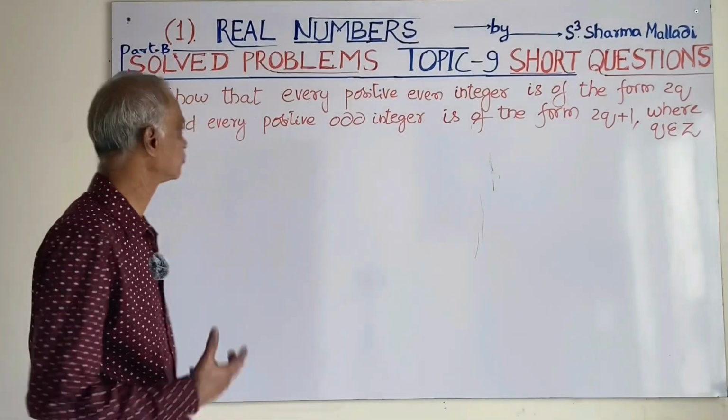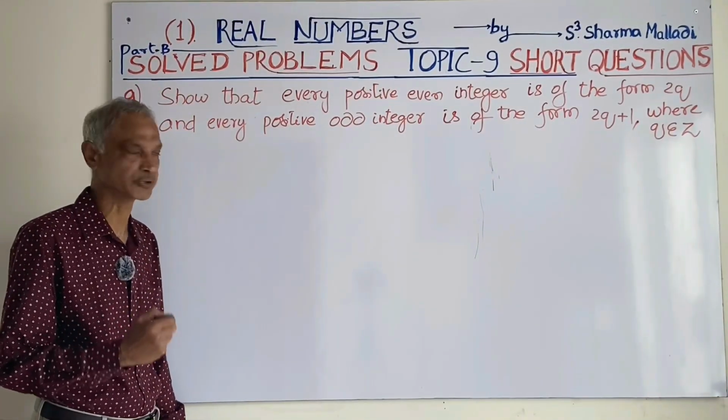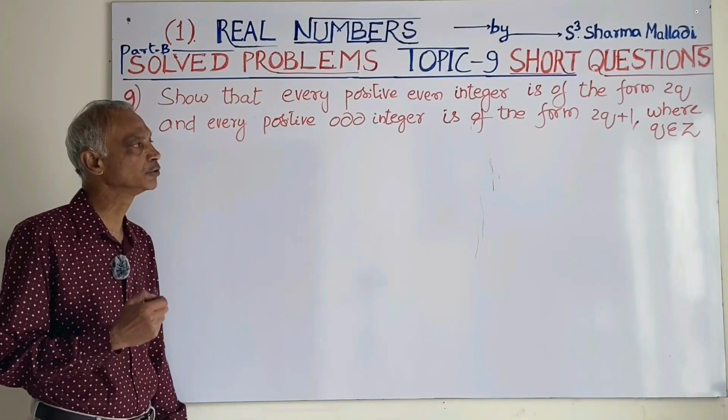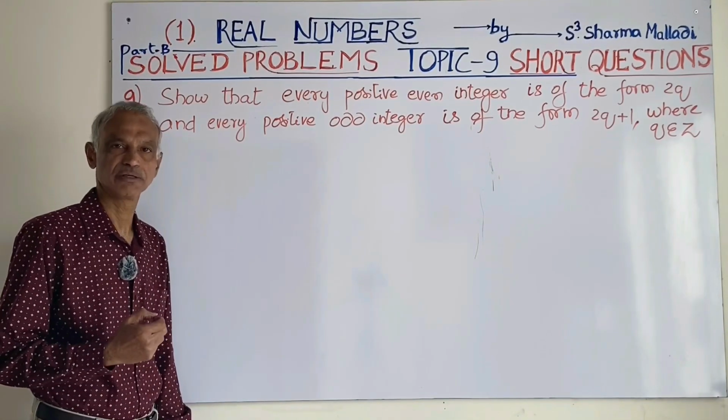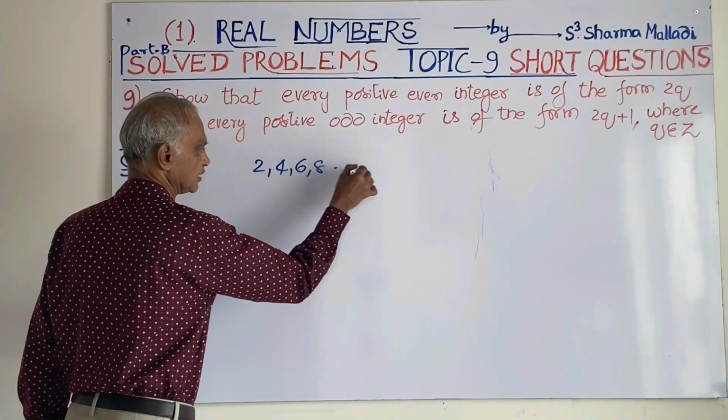Now what is the ninth problem? Show that every positive even integer is of the form 2q and every positive odd integer is of the form 2q plus 1, where q is an integer. Even numbers are 2, 4, 6, 8, like this.